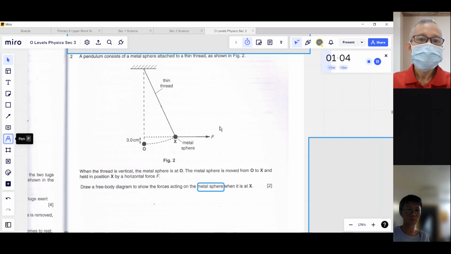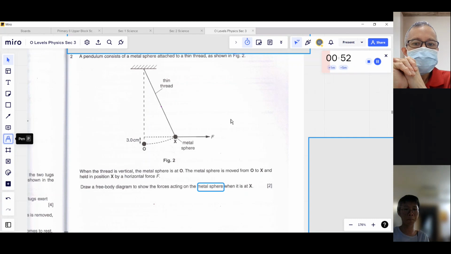All done, Devan? Good. How about this one? Finish off this one. This one is quite easy. You should get it right. Okay, make sure you remember some of the forces that always act.